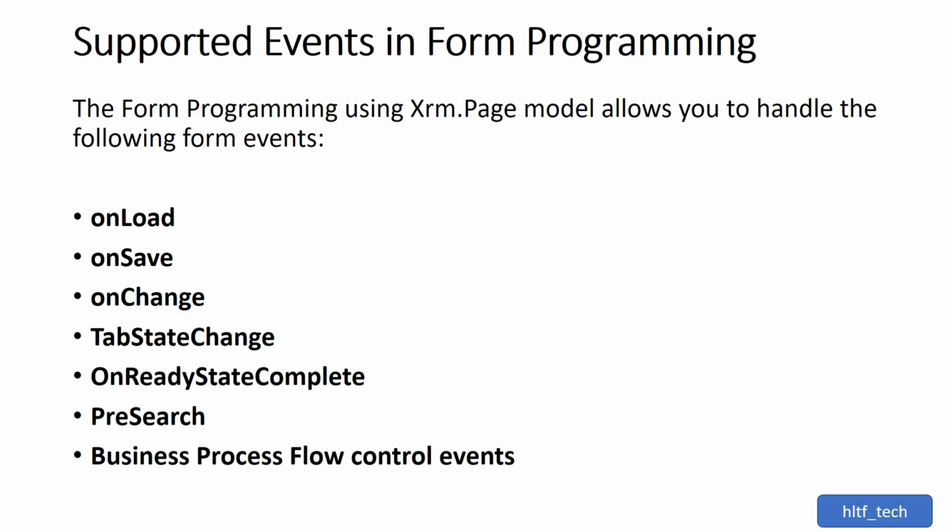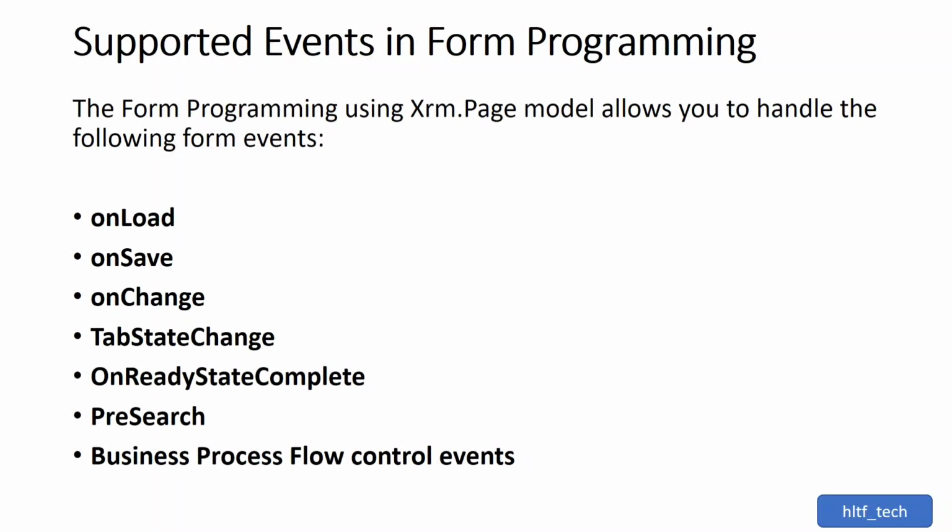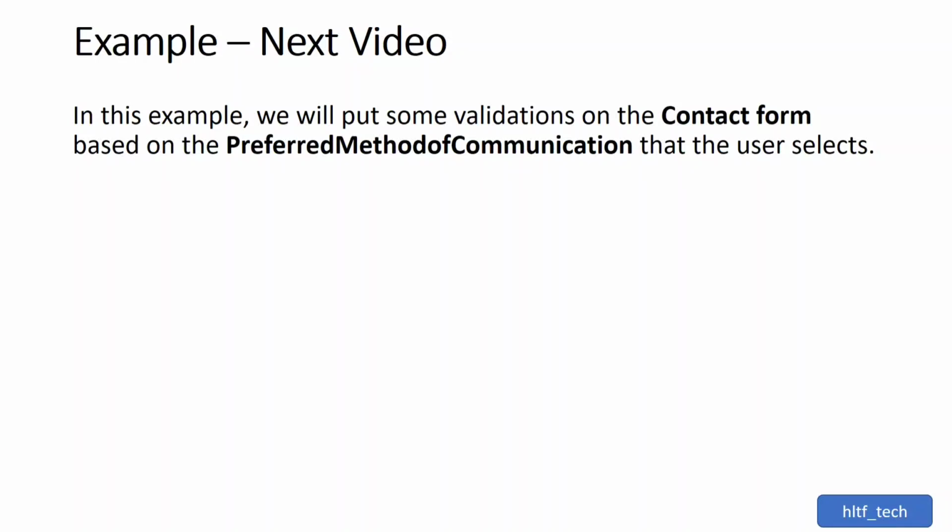Whenever in future we do form programming using XRM.page, we will develop different types of web resources in JavaScript web resource files, and in those we will use these different events. This was a short demonstration about JavaScript web resources, because these terminologies needed to be very clear to all of you as beginner or intermediate level CRM developers, so that we have a better idea in upcoming videos, where we are going to put some validation on the contact form.